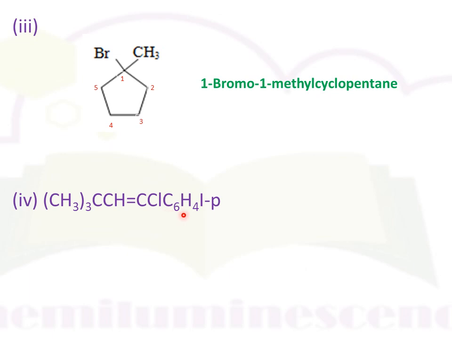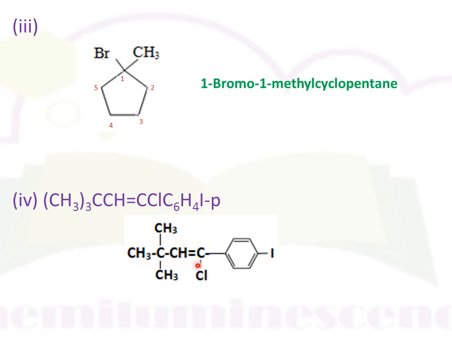We know that the molecular formula of benzene is C6H6, and here it is present as C6H4. It indicates that this benzene ring is di-substituted, meaning two hydrogens of this benzene ring are replaced. One is by this alkyl group, and with respect to this alkyl group, at the para position, one hydrogen is replaced by iodine. So the open structure of this compound is this one.